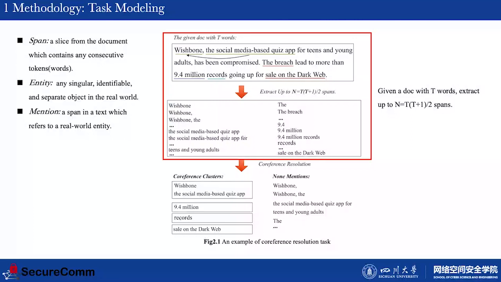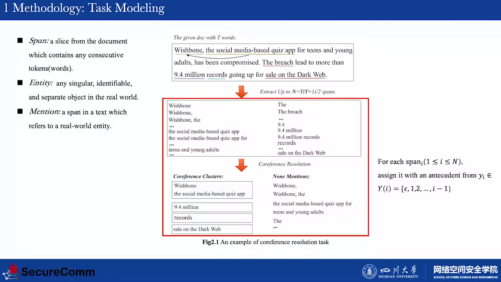So how do we model the coreference resolution problem? Basically, there are two steps. Firstly, given a document with T words, we can extract up to n spans through the equation. And then for each span, we need to assign it an antecedent from its previous spans.